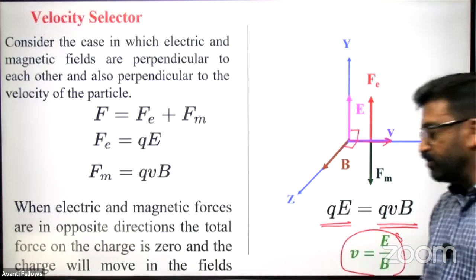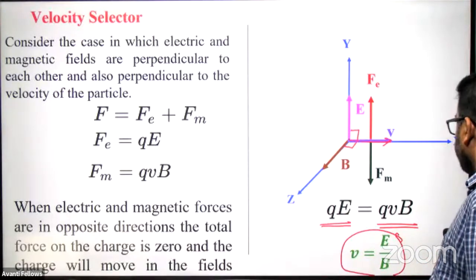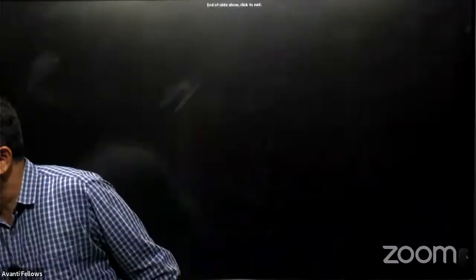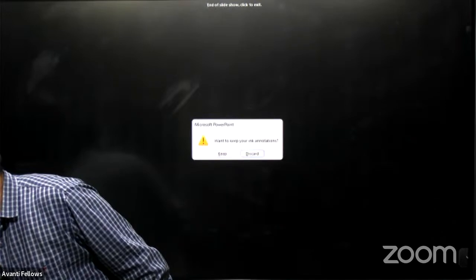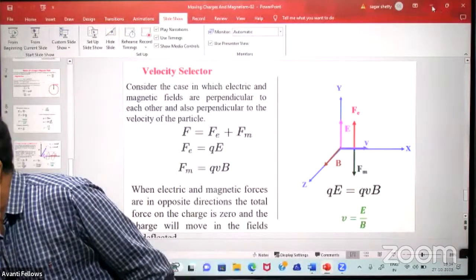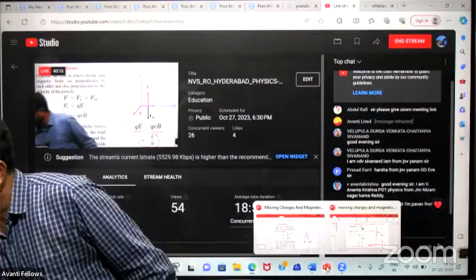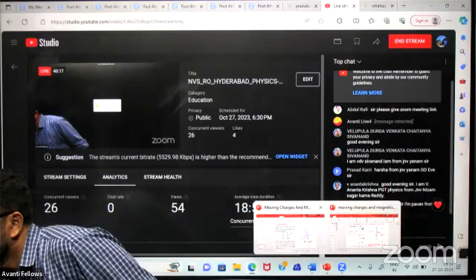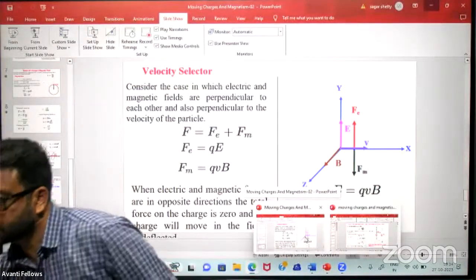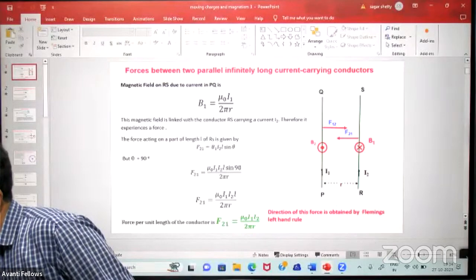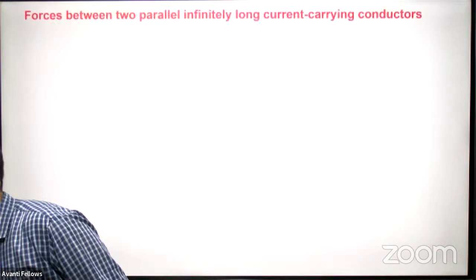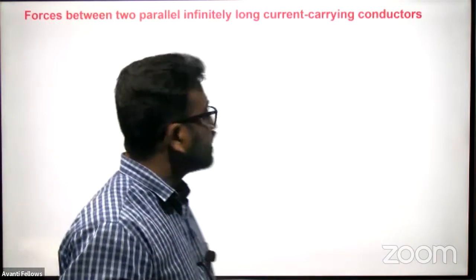All right, we move on to the next section of this chapter. Force between two parallel long current carrying conductors.